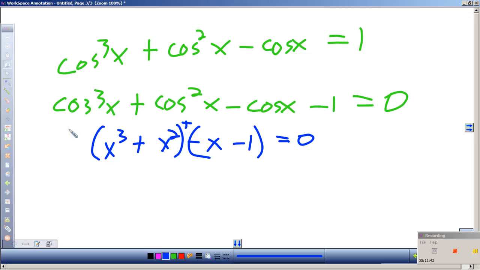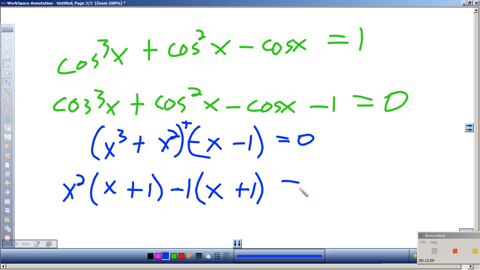Okay, well, so how would we factor? Look at the first part, what's common? You're going to have x squared, and what's left over? Plus, what's common here? Negative 1, so instead I'm going to change it to minus x plus 1, or negative 1 times x plus 1 equals 0. Does that look like stuff you've done?